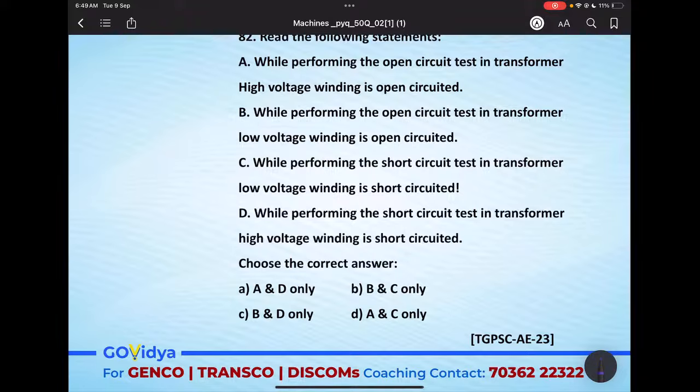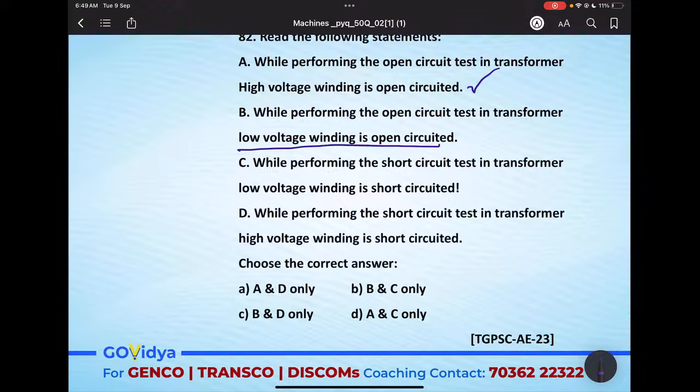The next question is about reading the following statements. While performing the open circuit test in a transformer, the high voltage winding is open circuited. Yes, it's true. Why? Because on the low voltage side we can apply the rated voltage, so the transformer operates at the rated voltage and the losses will be calculated in accurate condition. The second option says that in the open circuit test the low voltage winding is open circuited. No, if you open circuit the low voltage side, we have to connect the HV side to the source.